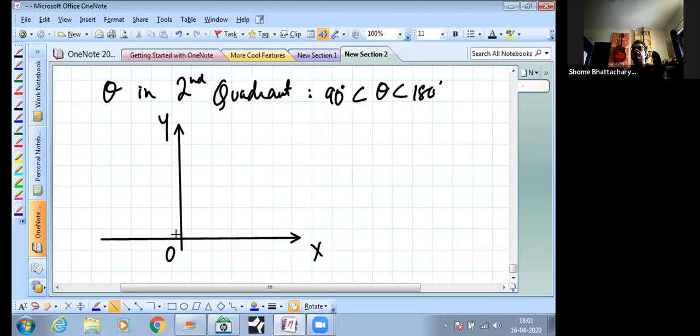Likewise, if I rotate it by more than 180, it will lie in the third quadrant. By more than 270, it will lie in the fourth quadrant, like that. So you can see this is an example of theta satisfying this condition, that is greater than 90 but less than 180.